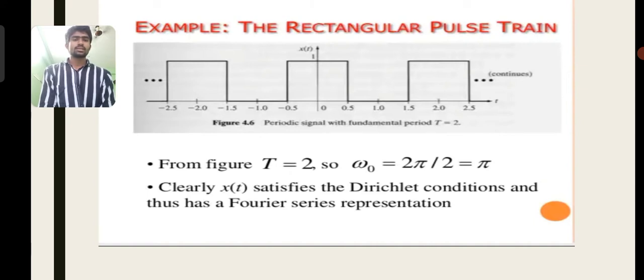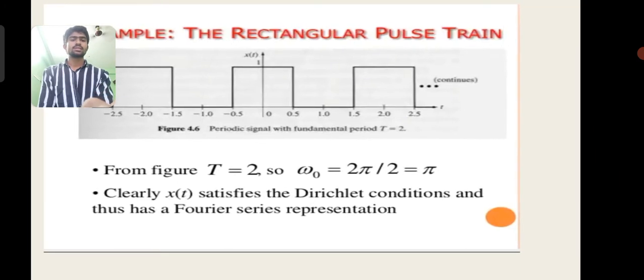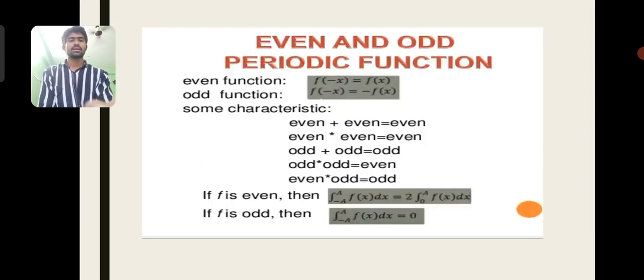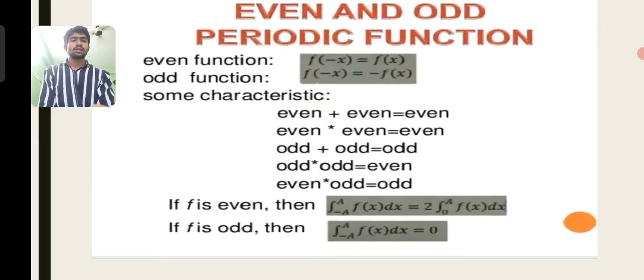Take the y-axis as t. From the figure, T equals 2, so omega equals 2 pi by 2 equals pi. Clearly x(t) satisfies the Dirichlet condition and thus has a Fourier series representation. This is the example for the rectangular plus triangle.